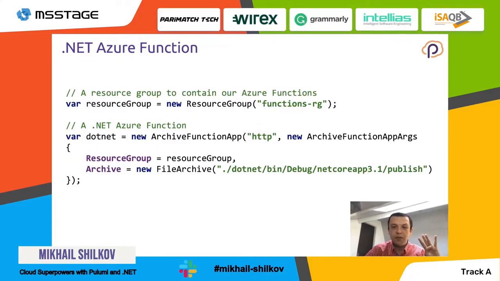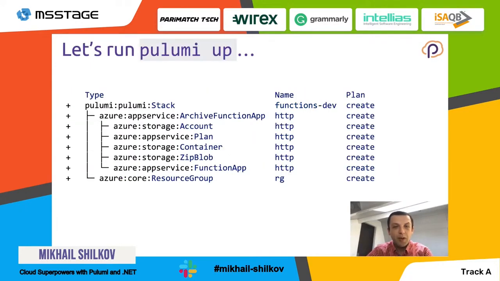And you just need to say, this is my resource group, and this is the path on my disk to where my Azure functions reside. And that's it. You just go to your command line tool, you run Pulumi up, and what you get is a preview like this, where you see your archive function app at the top layer, and then you see that that component contains 5 resources that are required for the function app to function.